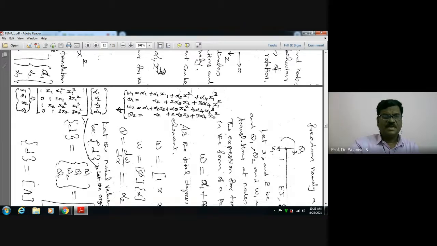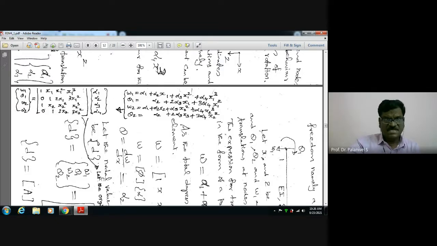This way we can write it in matrix form. These are the displacements at the nodes written from the assumed polynomial function.